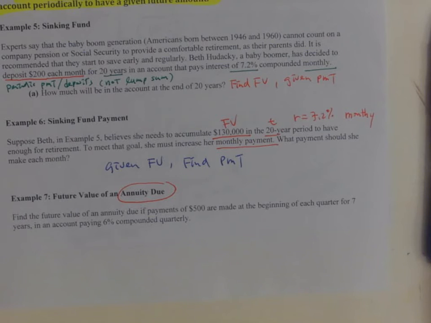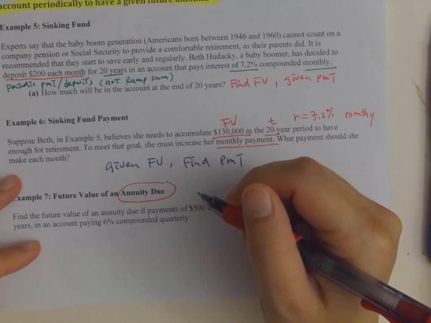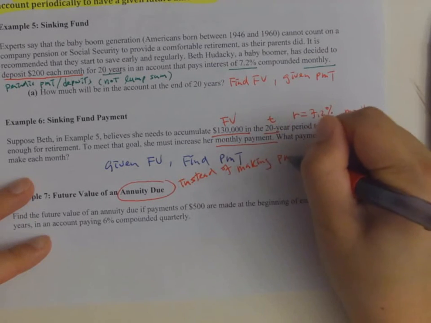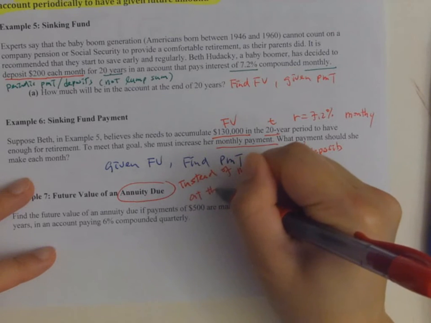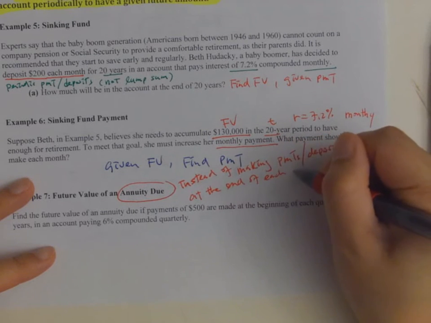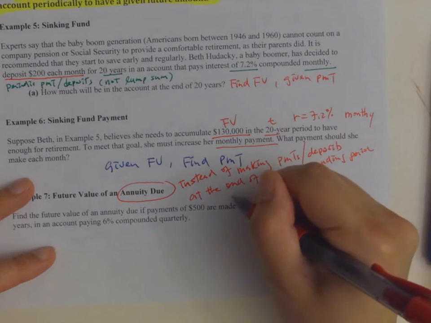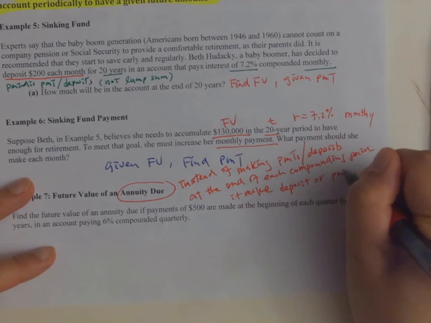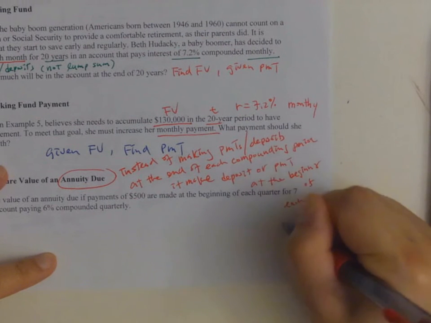So let me write it down for you. The annuity due, instead of making payments or deposits at the end of each compounding period, makes deposits or payments at the beginning of each period.